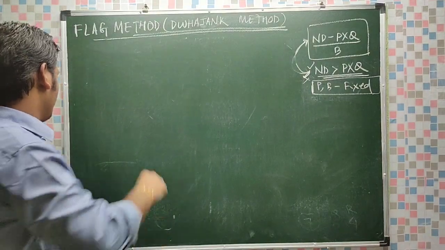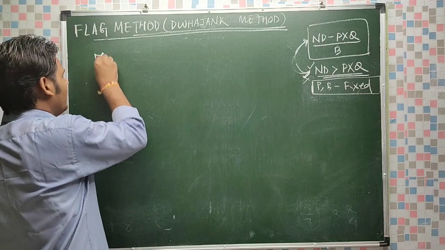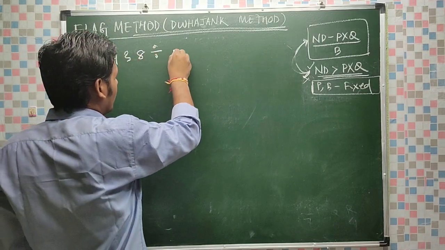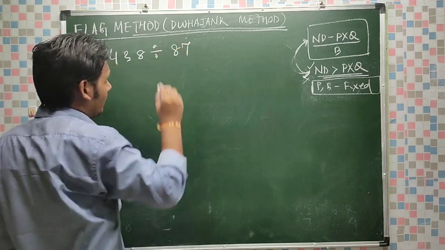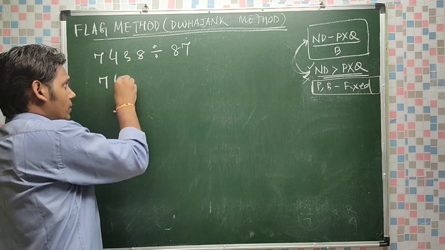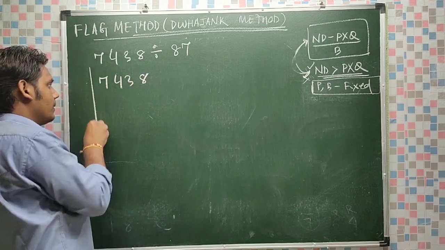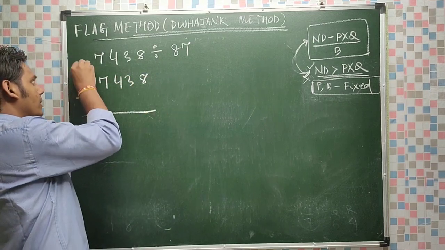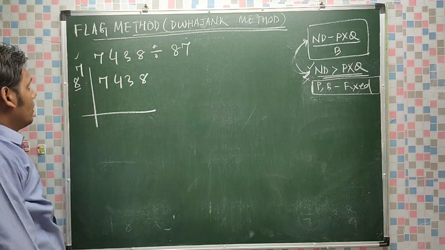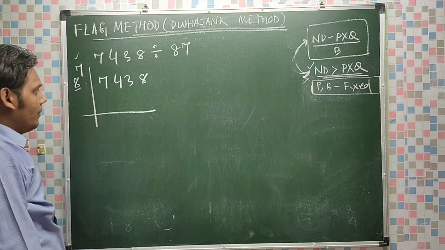Now 7438 divided by 87. Here the base is 8, power is 7.